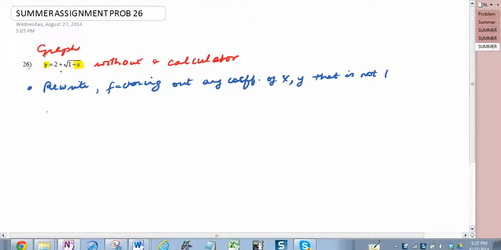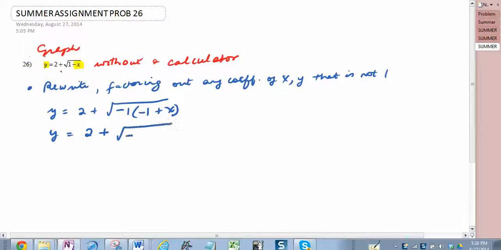So let's do that rewriting. y equals 2 plus the square root of, factor out negative 1, I get negative 1 plus x. Okay, rewrite one more time. y equals 2 plus, and negative 1, I could just write a negative. And negative 1 plus x is the same as x minus 1. It looks a little more familiar that way.